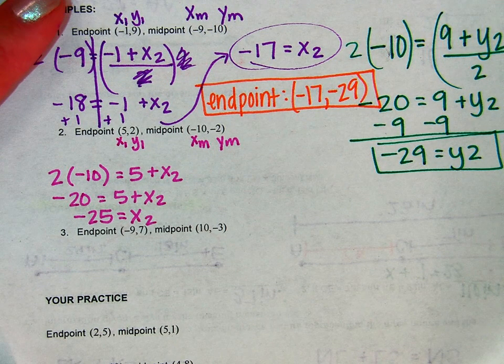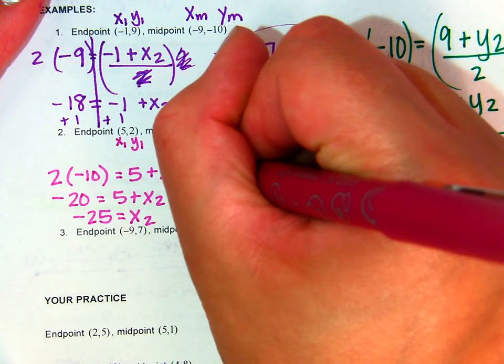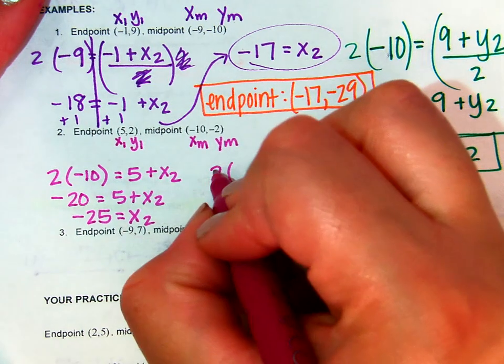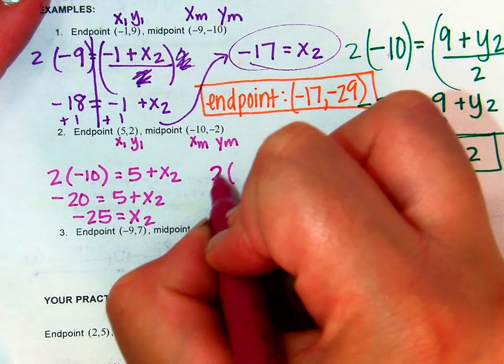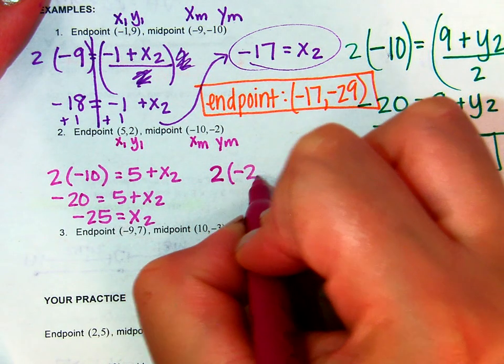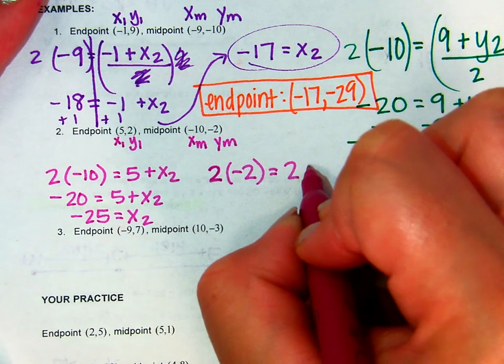So to solve for ym, we're going to do 2, or I'm sorry, not ym. To solve for y2, we're going to take 2 times ym equals y1 plus y2.